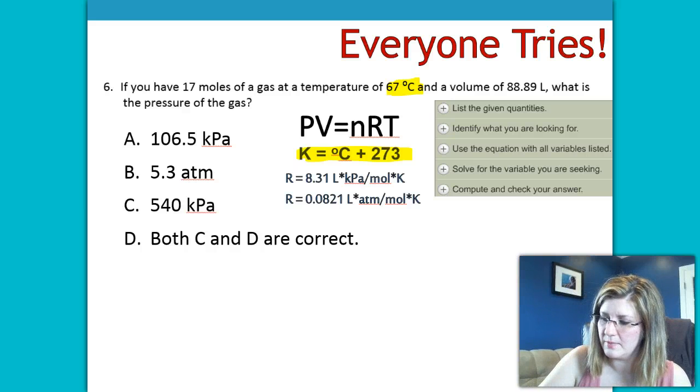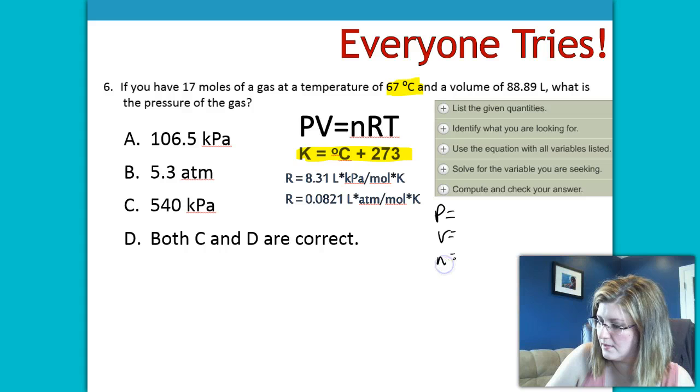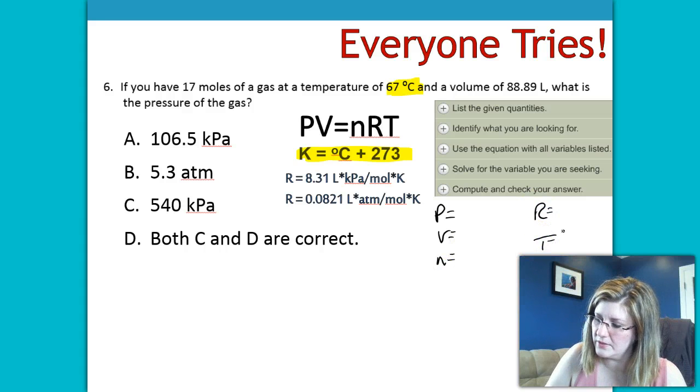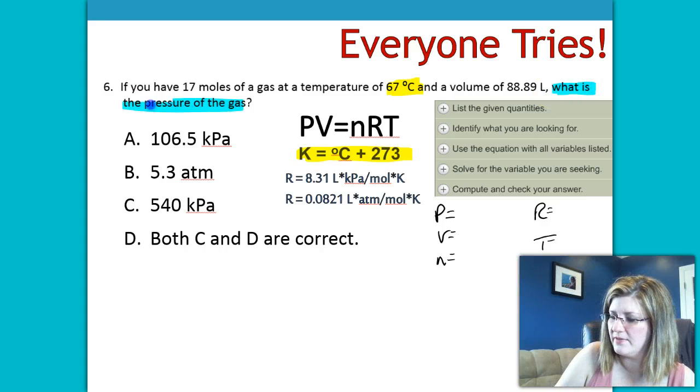Let's go ahead and label our PV equals nRT over here, maybe on the side, P, V, n, R, and T. Pressure is going to be equal to, we don't know. What is the pressure of the gas? So that is our first unknown.